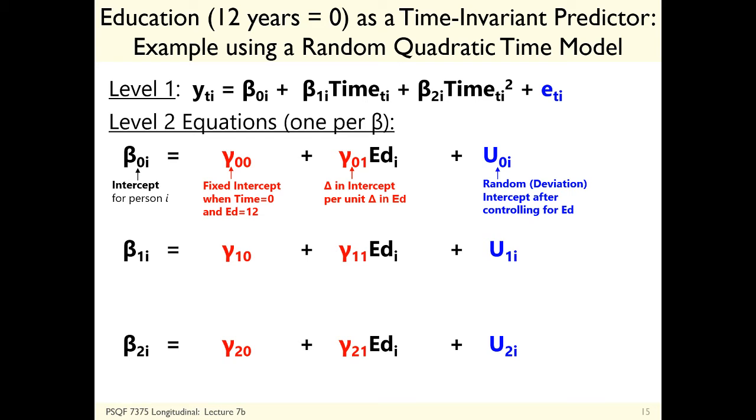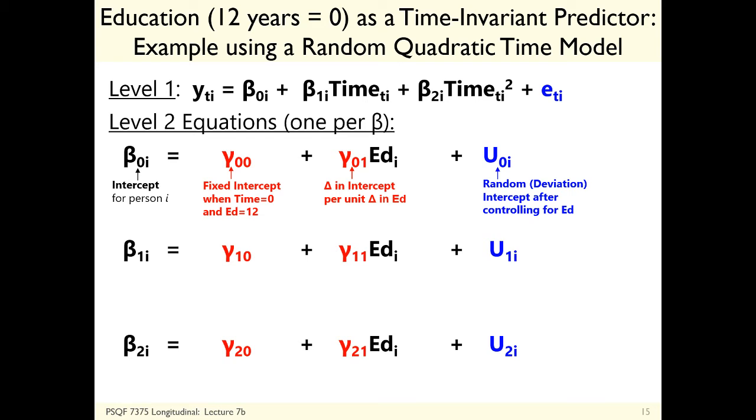U0 is then how far off your intercept still is after controlling for education. It's differences in intercept among people with the same education level. Why else is your intercept different? Well, I don't know. It's not education because that's already in there.